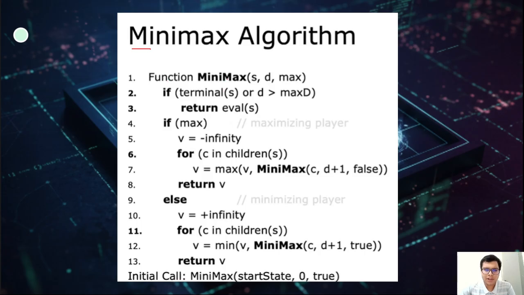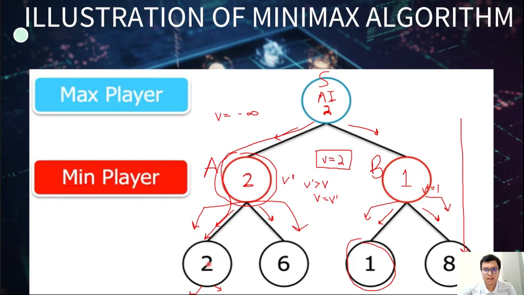So there is a function called minimax, and it takes the parameters s, d, and max. s you are already familiar with, it's just the starting node, and d and max are the two new arguments. d is nothing but the maximum depth till which the algorithm will search.